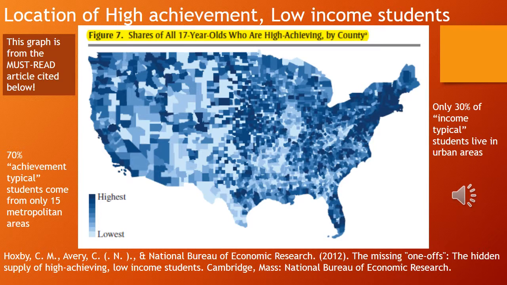In contrast, 70% of the achievement typical students come from only 15 metropolitan areas of the United States. So 15 cities hold 70% of the students who are high achieving, low income, but applying to selective colleges. The income typical students are mostly in low population density areas.